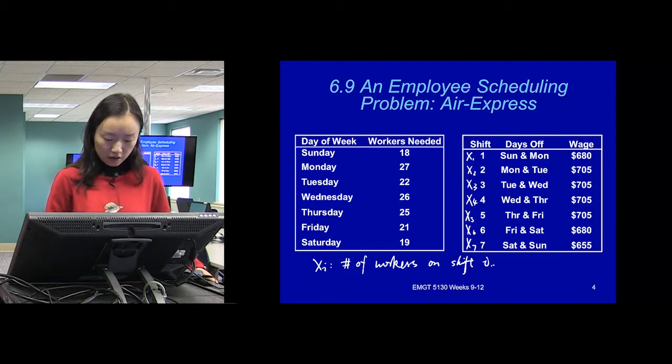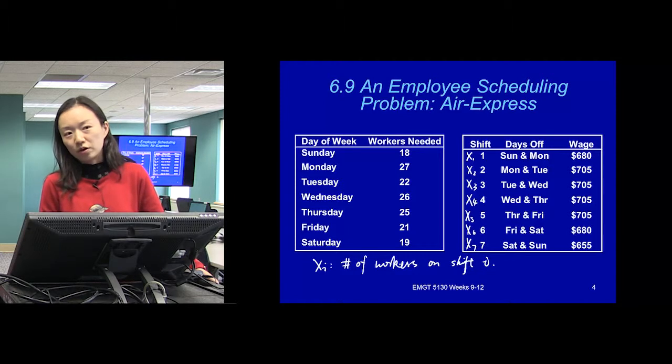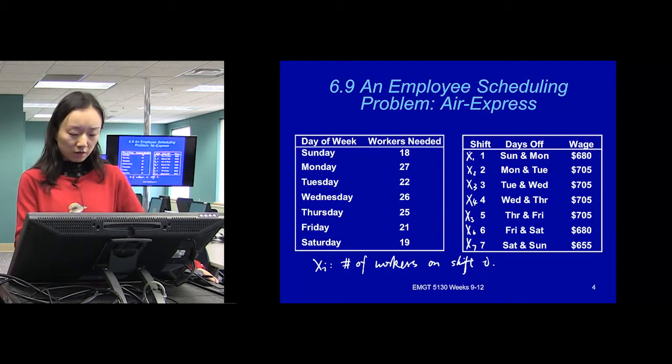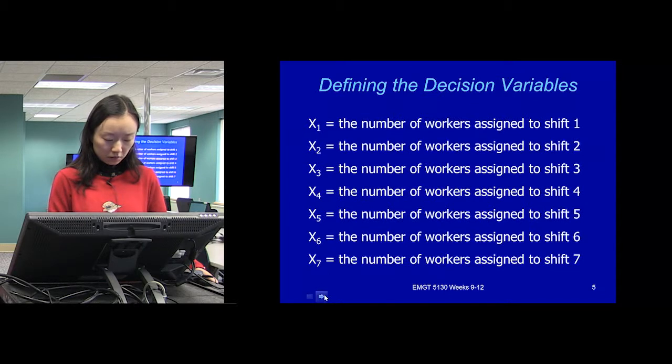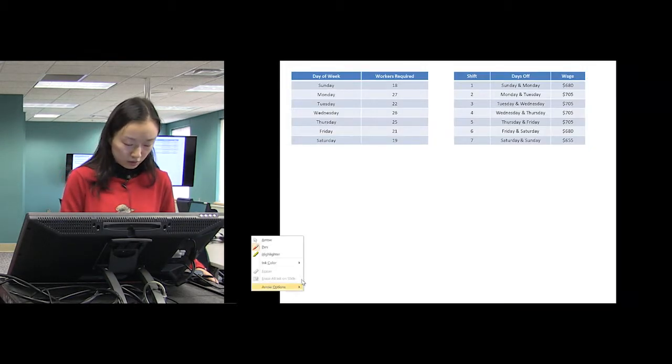Then the objective function: we want to minimize the total wage expense. It depends on the number on the first shift. Say x1 people on the first shift, the wage paid will be this one. So you sum up; it's a sum product of the x's and the wage rates, which is easy.